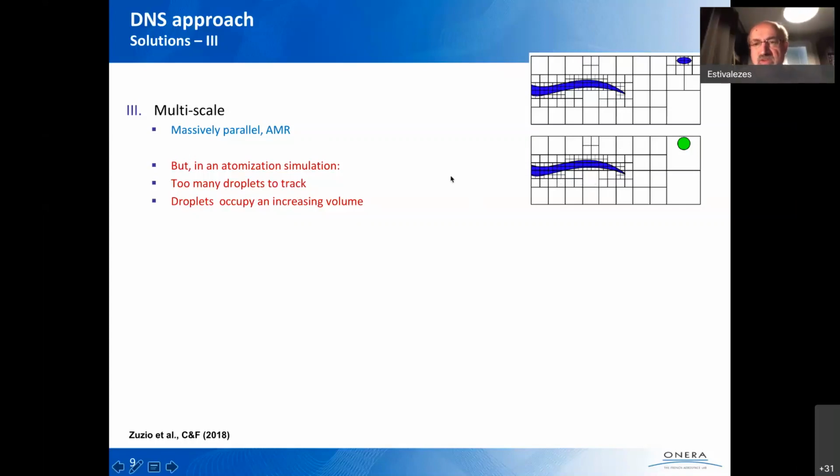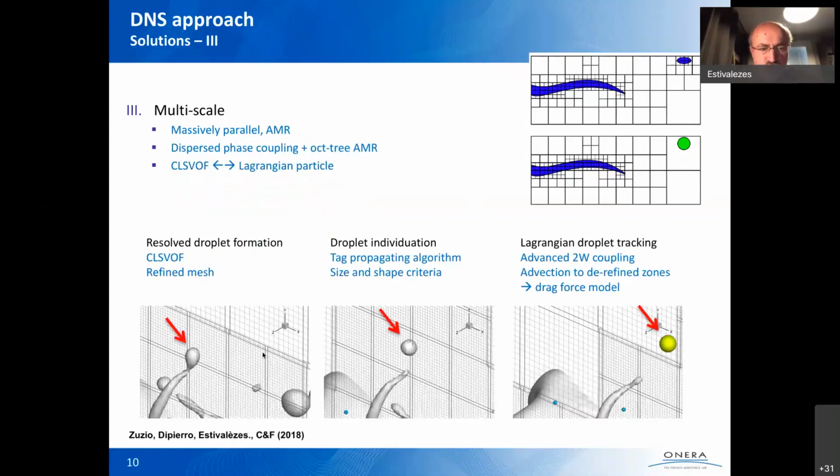But in the problem of atomization, you will produce a lot of droplets. So if you use adaptive mesh refinement, you will refine everywhere. So we have modified this in order to stop the refinement and also maintain the capture of the droplets.